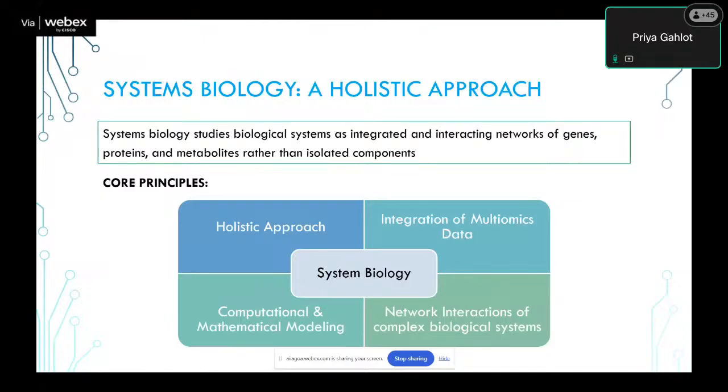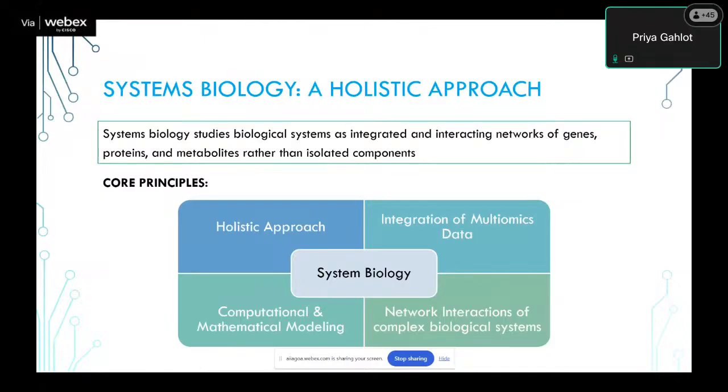It integrates and interacts a network of genes, proteins, metabolites, and isolated components which are available, and it provides a holistic approach. Like there is integration of multi-omics data, like gene data, protein data.